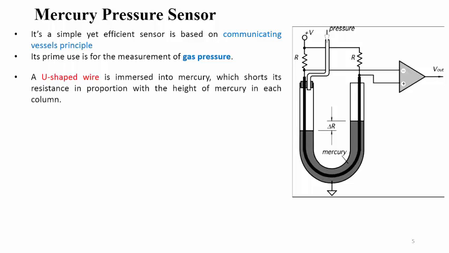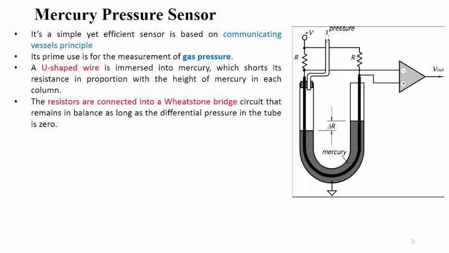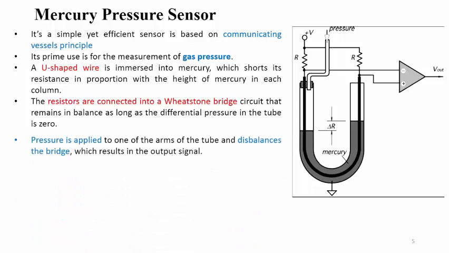A U-shaped wire is immersed into mercury, which shorts its resistance in proportion with the height of the mercury in each column. The resistors are connected into a Wheatstone bridge circuit that remains in balance as long as the differential pressure in the tube is 0.